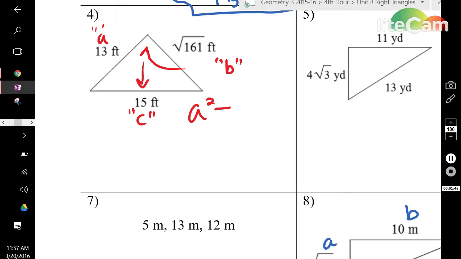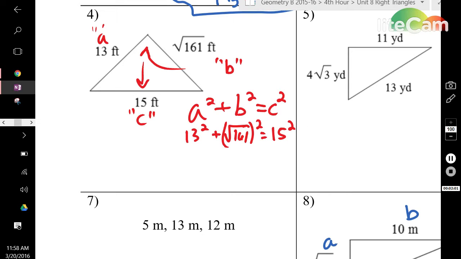If you plug them into the equation for the Pythagorean theorem, you have 13 squared plus the square root of 161 squared equal to 15 squared. 13 squared is 169. As we said before, the square root of 161 squared is going to be 161. 15 squared is 225.